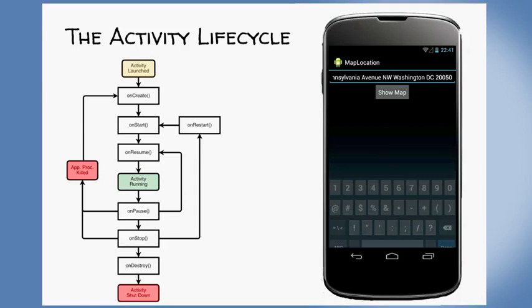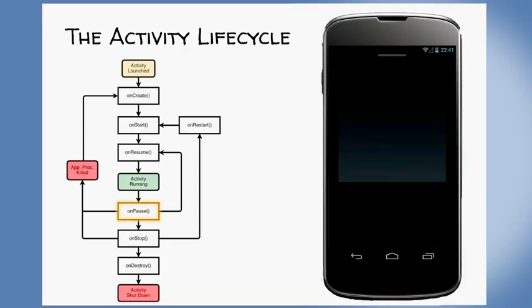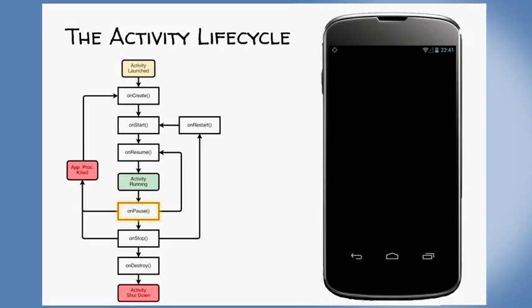But let's continue looking at what's going on with the MapLocation activity. Because Google Maps is about to come into the foreground and cover up MapLocation, the MapLocation activity will first receive a call to its onPause method. And soon after this, MapLocation will no longer be visible, and Android will call its onStop method.